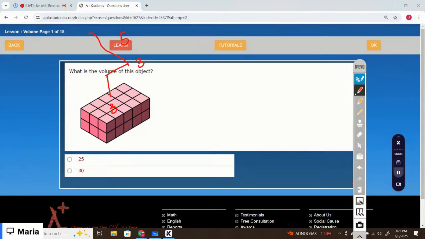The height of the object is 2, the width of the object is 3, and the length of the object is 5.